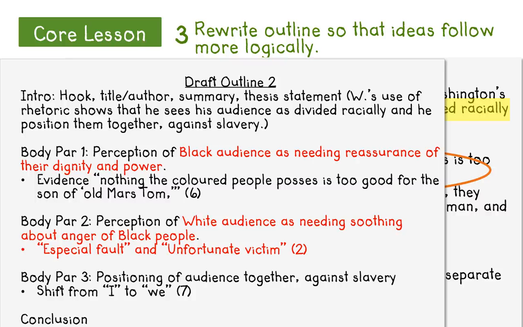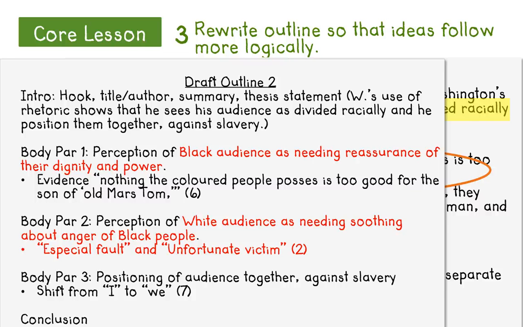So just in that way, with body paragraph 1 here, I knew that I was going to make it be just about his black audience, but it came to me more specifically how he's perceiving them. He's perceiving them as needing reassurance about their dignity and power. So I just jotted that in. And then similarly with his perception of his white audience, as needing soothing about the anger of the black people.